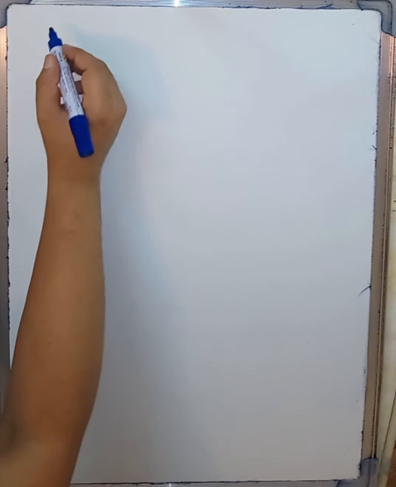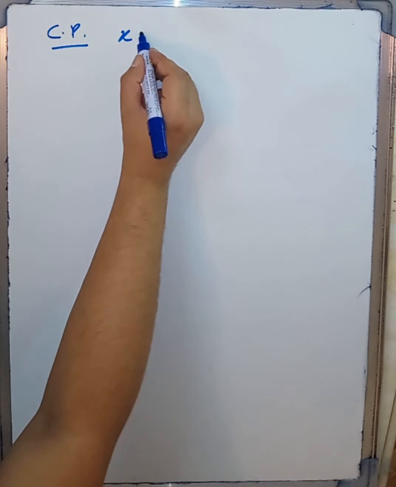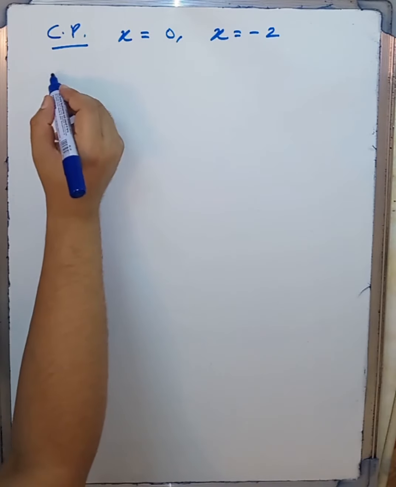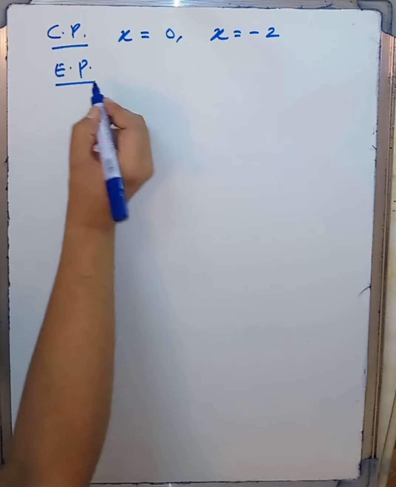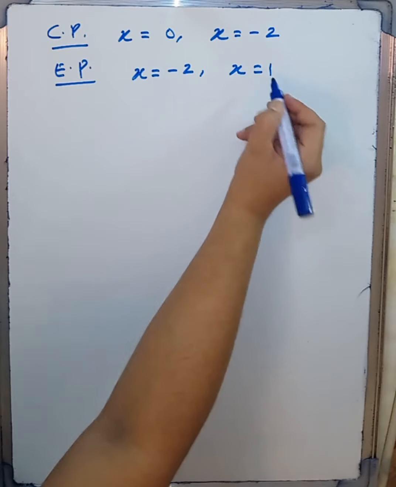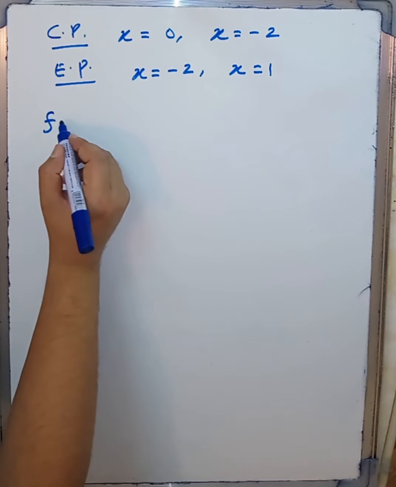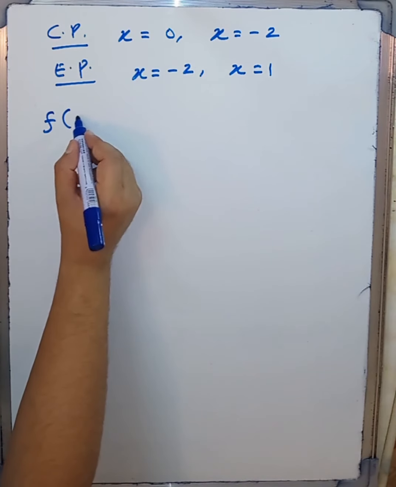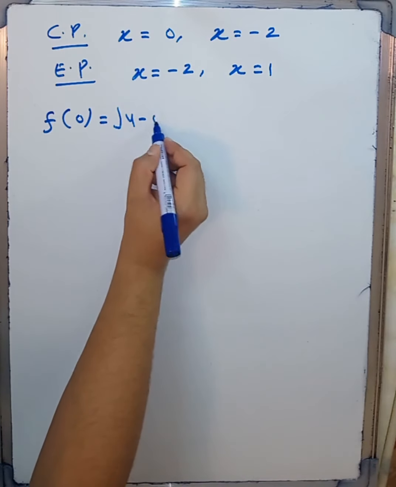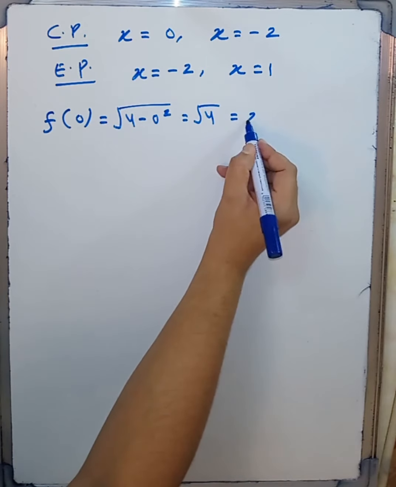So our critical points are x equal to 0 and x equal to minus 2, and our end points are x equal to minus 2 and x equal to 1. If we calculate the value of the function f at 0, we get square root of 4 minus 0 square. This gives us square root of 4 and this gives us 2.